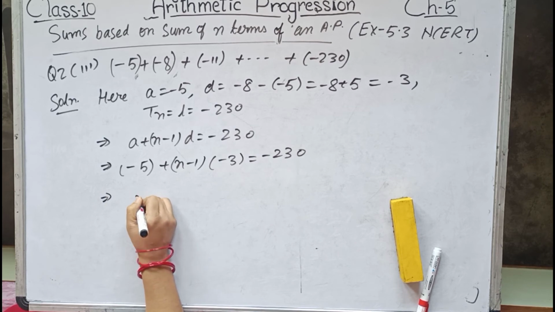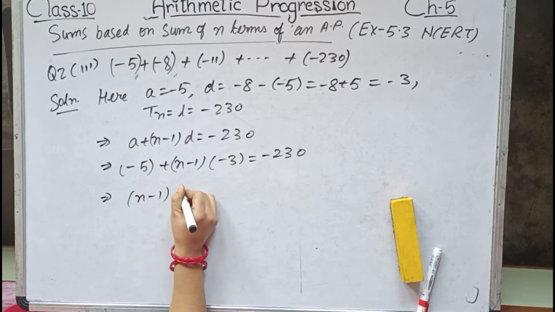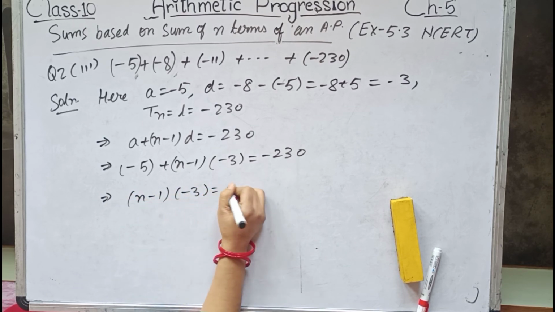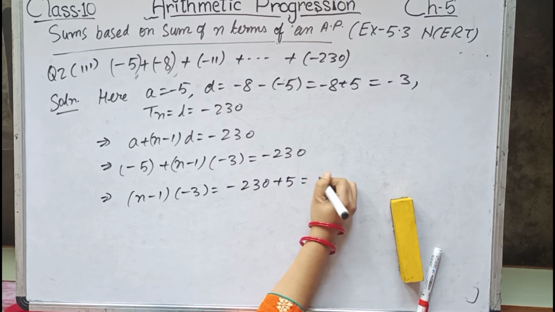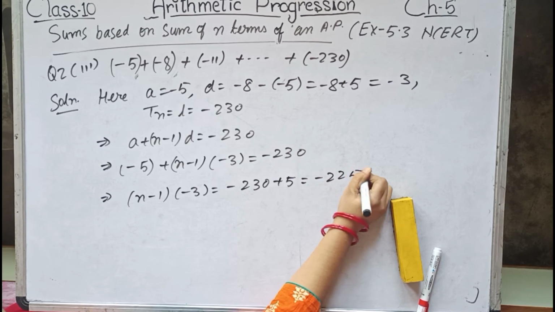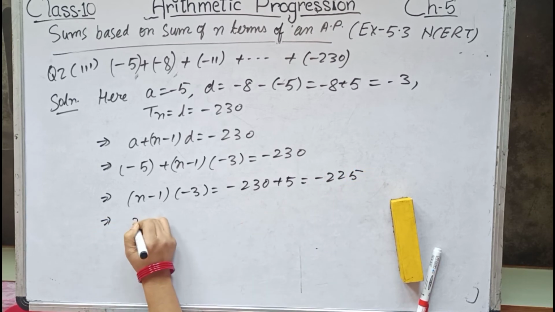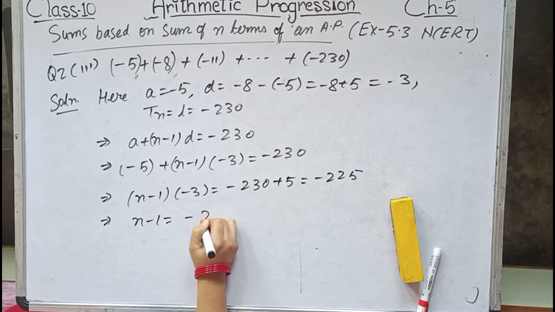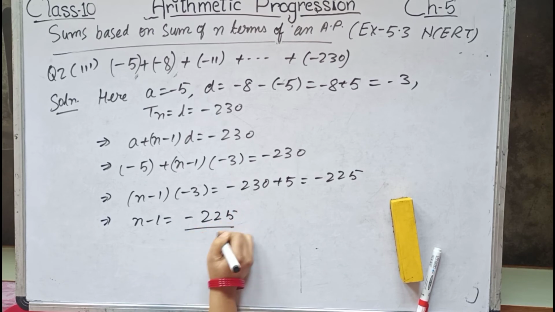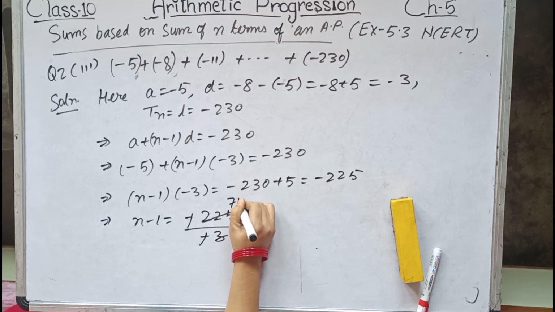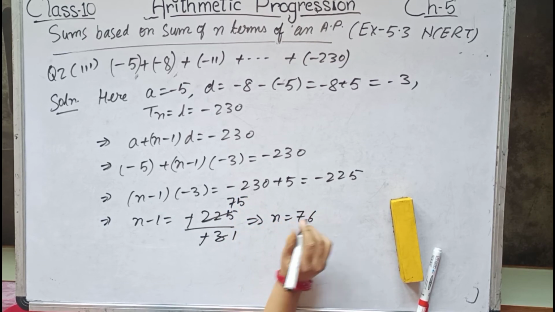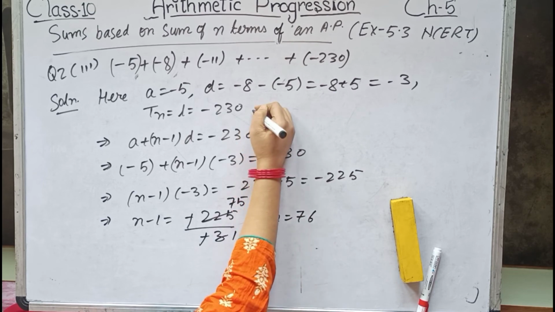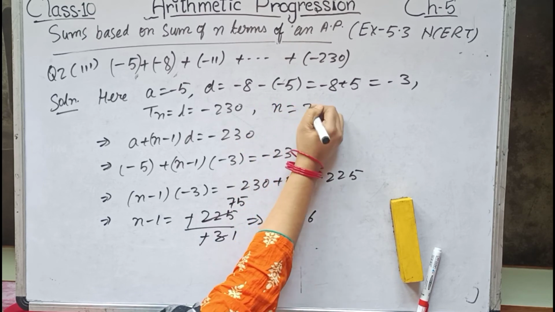Now this implies N minus 1 into minus of 3 equals minus of 230 plus of 5 equals minus of 225. This implies N minus 1 equals minus of 225 divided by minus of 3. So 3 1s, 3 7s, 3 5s. This implies N equals 76. So we have got the value of N as 76.